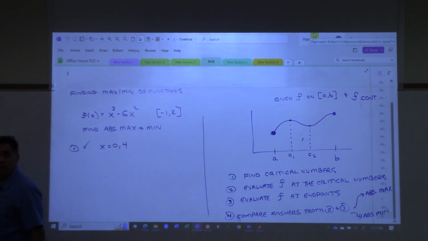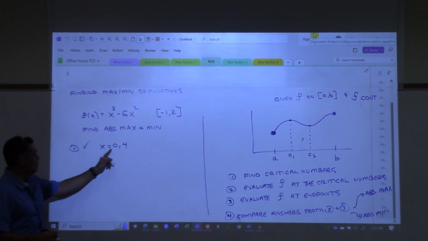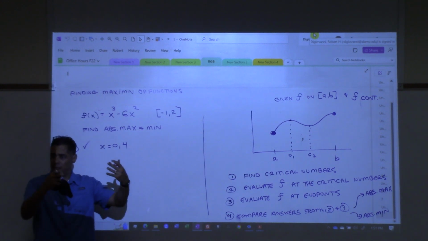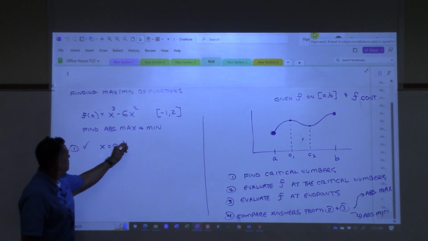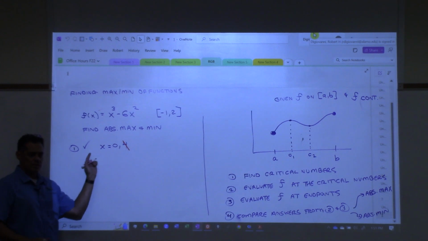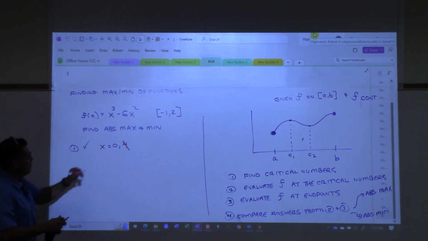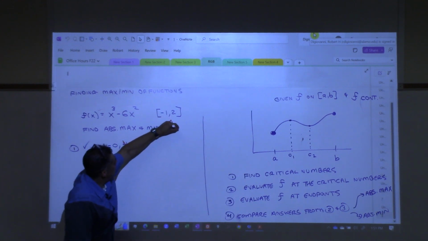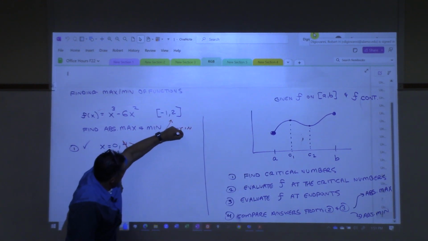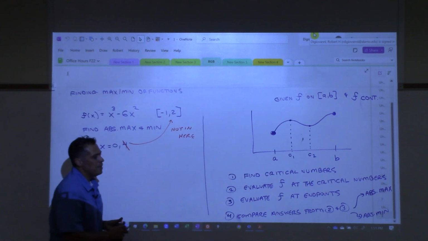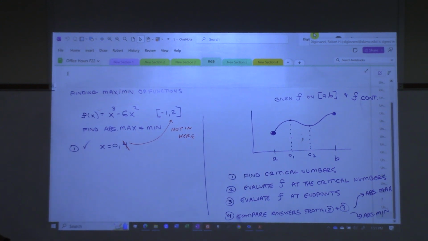So I'm going to throw 4 out. Even though 4 was a critical number from when we set the derivative equal to 0, it's not in here. You can only have a critical number be in the domain, and I've restricted it.